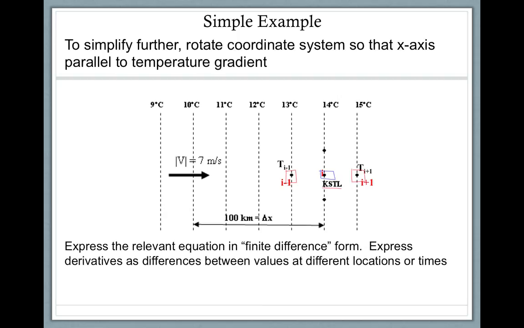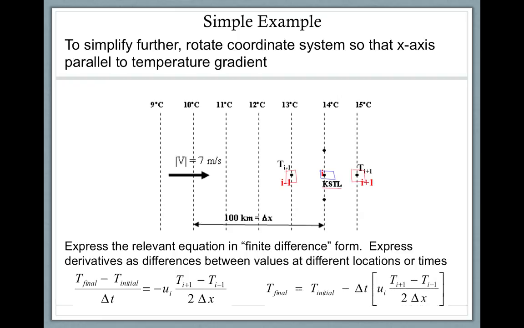Going back to our equations, initially our equation is set up as dT/dt, so the change in temperature with the change in time equals minus u, our advection, times the change in temperature over the change in space, which we can discretize and solve for the final temperature. That gives us the equation we had before, to ultimately get our final prediction for St. Louis. And again, I have simple things that illustrate this idea of finite differencing, and if you are interested in learning more about it, please feel free to come and see me.